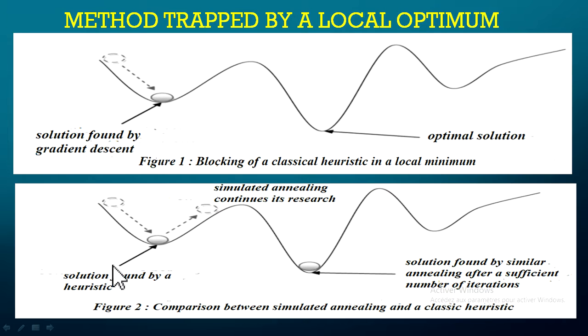This point is the solution found by the heuristic, which is gradient descent, but the simulated annealing, which is the meta-heuristic method, continues its research. It found the optimal solution, which is this global minimum, after a sufficient number of iterations. So this illustration gives us a comparison between the simulated annealing meta-heuristic and the classic heuristic, which is gradient descent. Good.